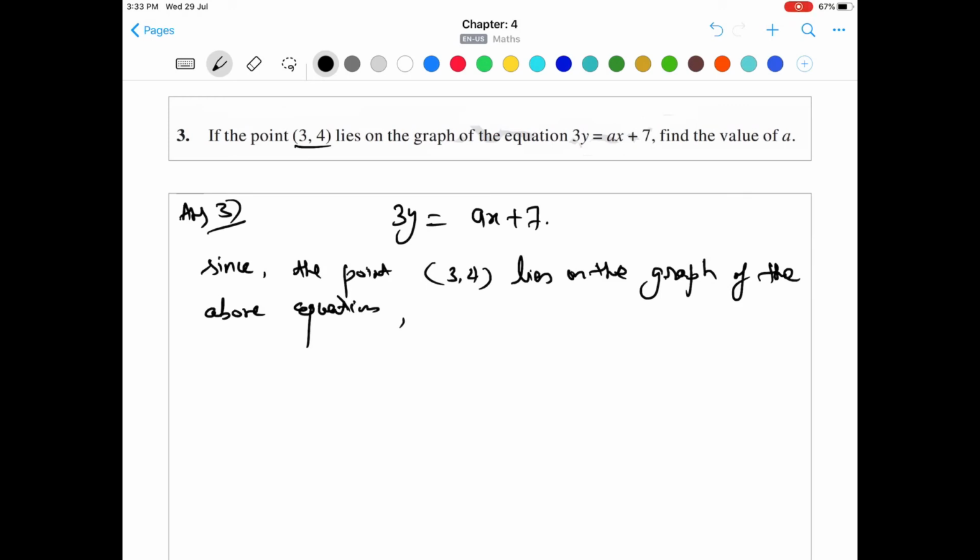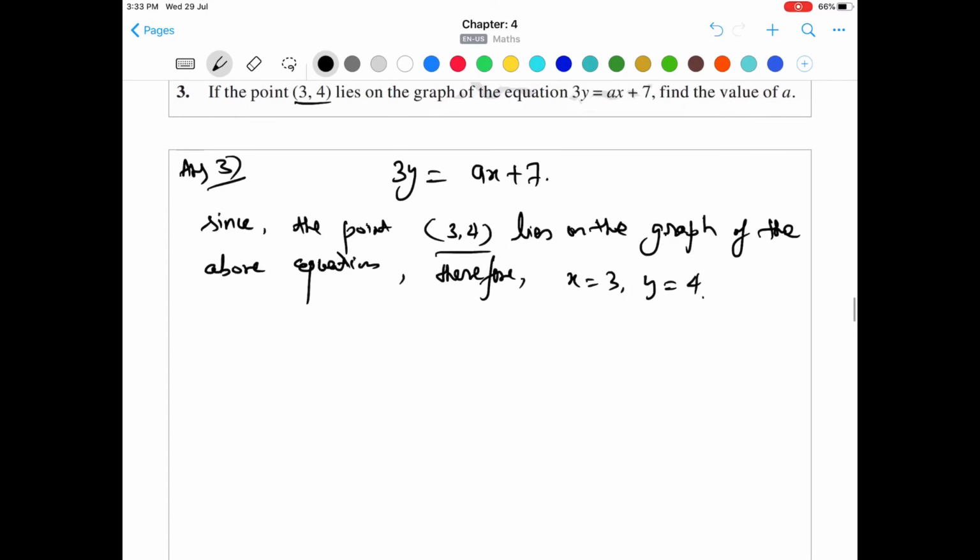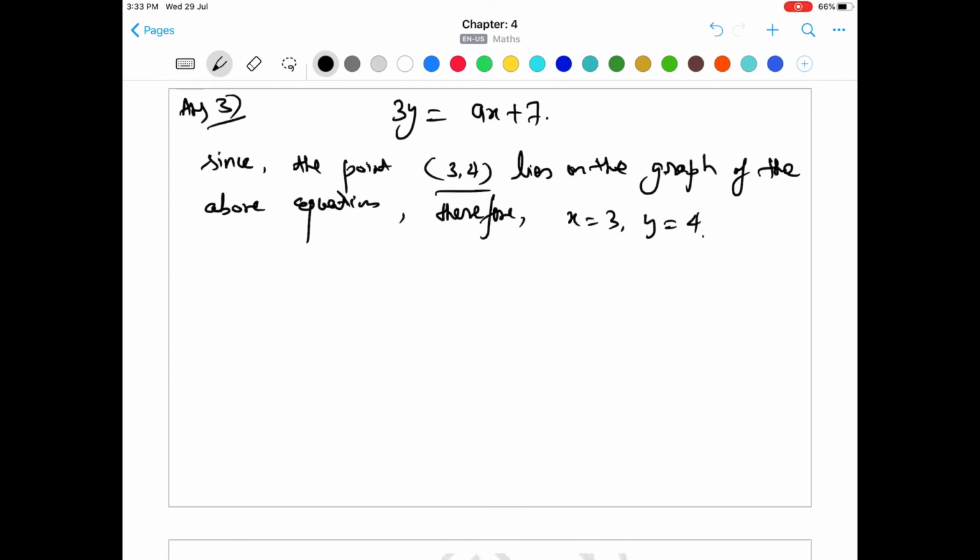since the point 3, 4 lies on the graph of the above equation, therefore x is equal to 3 and y is equal to 4. Okay, these are the coordinates of the point given here. So in this equation, in place of x we will write 3 and in place of y we will write 4.